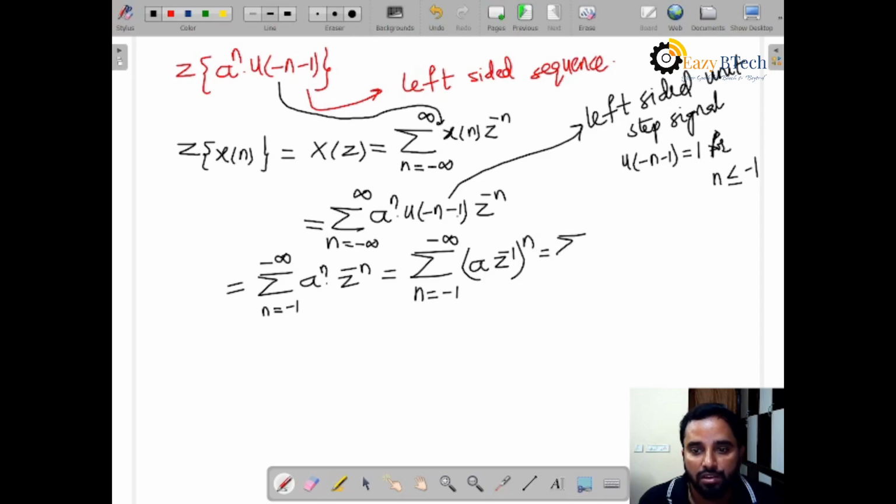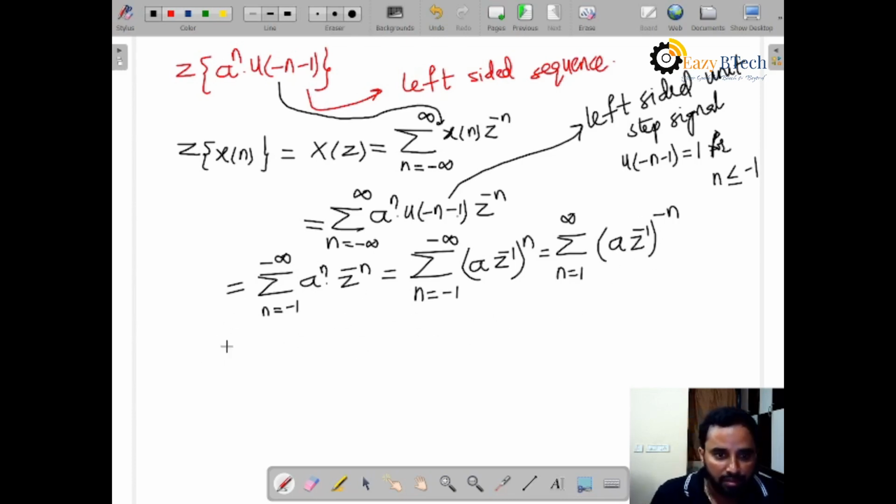So now here negative values of n I am making as positive values, like a z inverse power minus n, right or not? Here power plus n, negative limits, here positive limits, power minus n, both are same. Just I am sending that minus inside: summation n is 1 to infinite a inverse z whole power n.